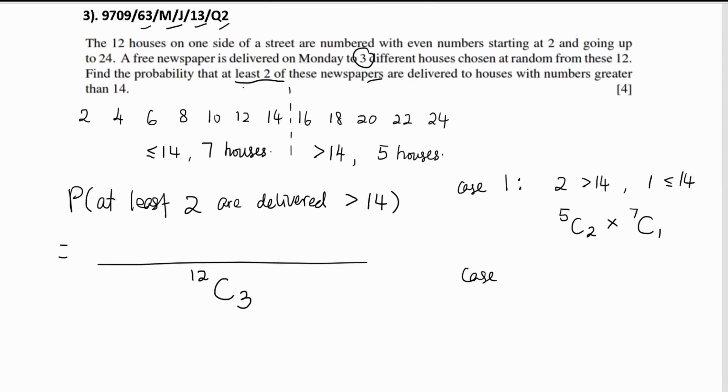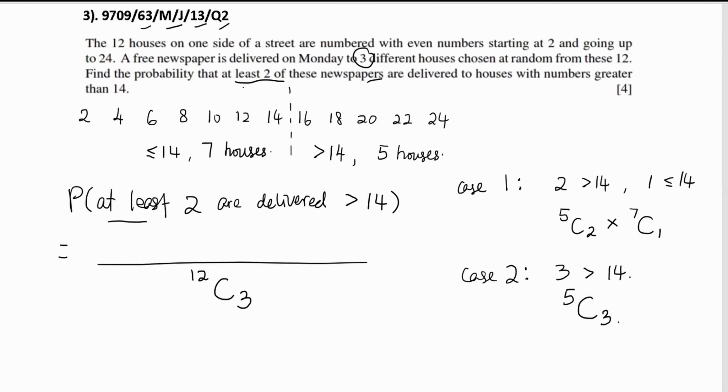And case 2: all 3 newspapers are delivered to houses numbered greater than 14. That's why the question used the words at least. So there are 5 houses numbered greater than 14, and we randomly select 3 of them, 5C3 ways.